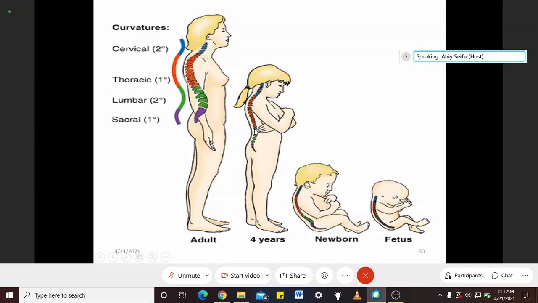So they develop after birth, whereas the primary curvatures, the thoracic and sacral curvatures, are present before birth; that is why they are called primary.